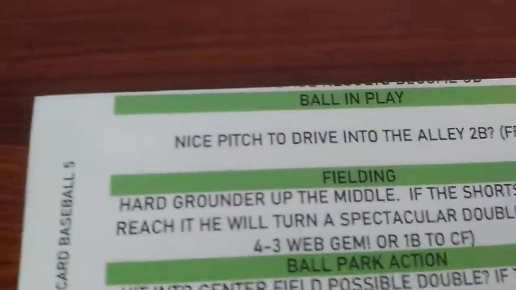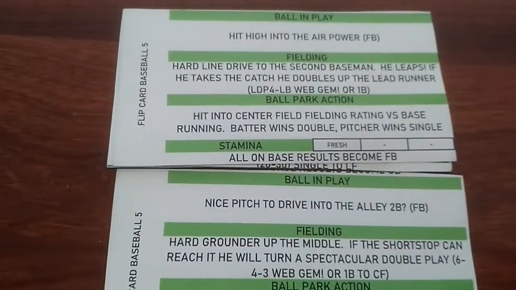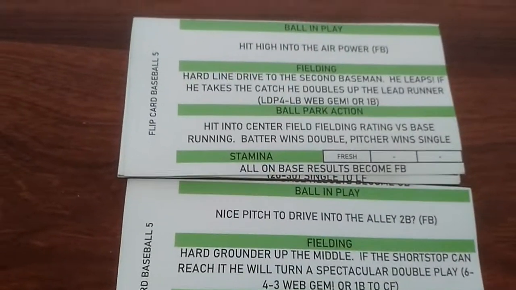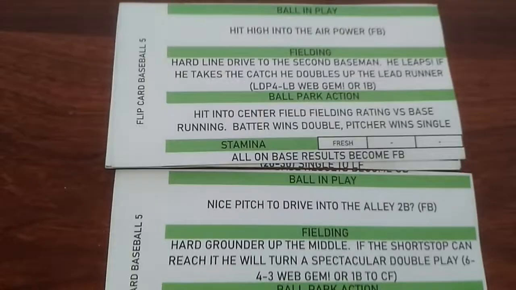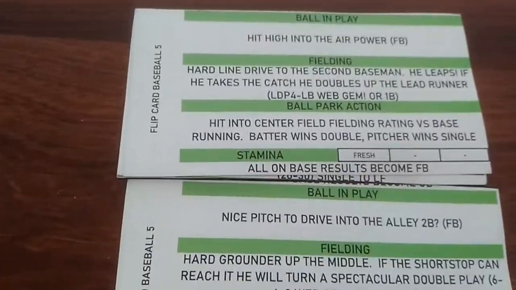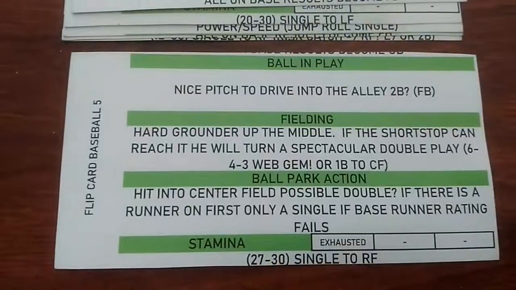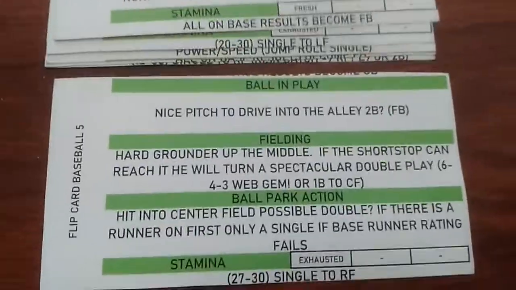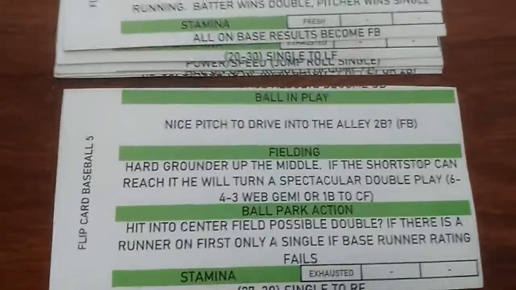Doubles. Now, doubles and power and also single results, you get the results the same way in terms of how you get to their rating. Obviously, you're looking at different things though. For doubles, if we have a look at a double, nice pitch to drive into the alley, he's either going to get that pitch, hit it for a double, or he's going to hit it for a fly ball.